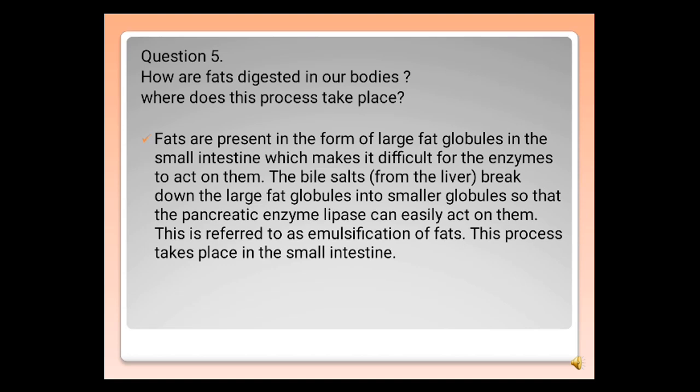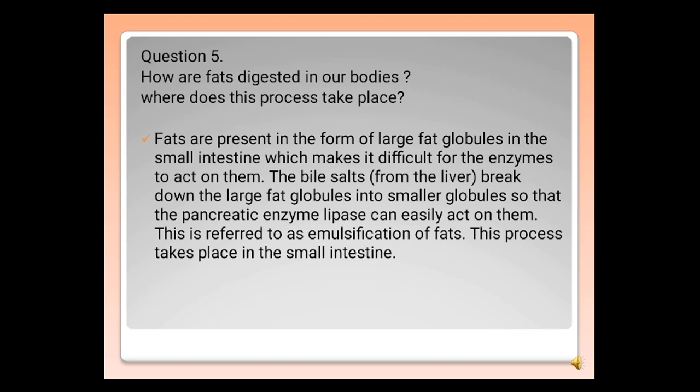The bile salts from the liver break down the large fat globules into smaller globules so that the pancreatic enzyme, that is lipase, can easily act on them. This is referred to as emulsification of fats. This process takes place in the small intestine. Emulsification of fats and its significance, a very important question for the boards.